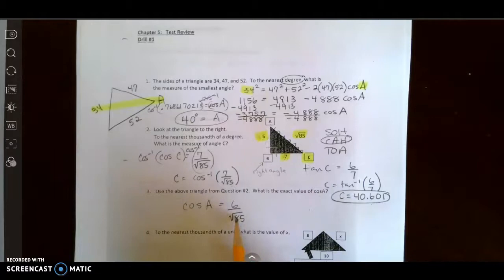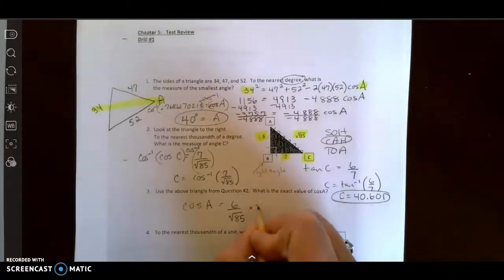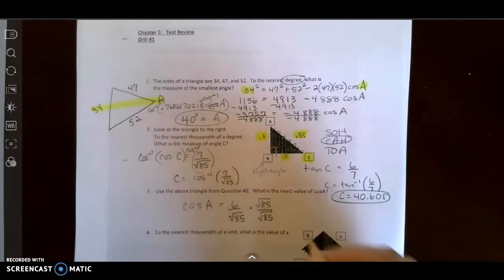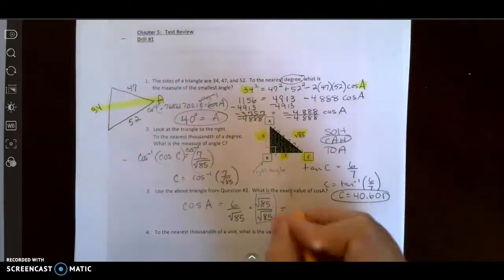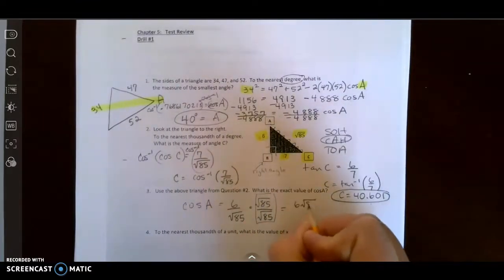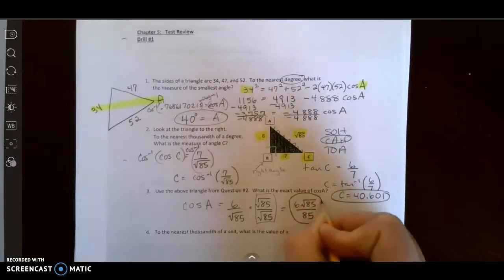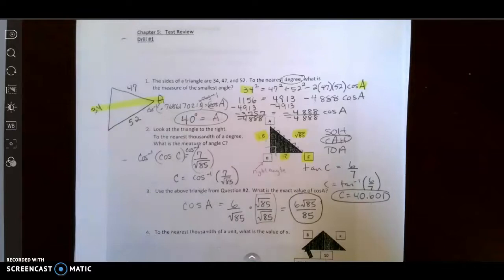Unfortunately, I can't leave a square root in the denominator. I have to rationalize it. So multiply it by the square root of 85 over the square root of 85. So that's just a giant number 1. And I get 6 times the square root of 85, all divided by 85. And that's my final answer.